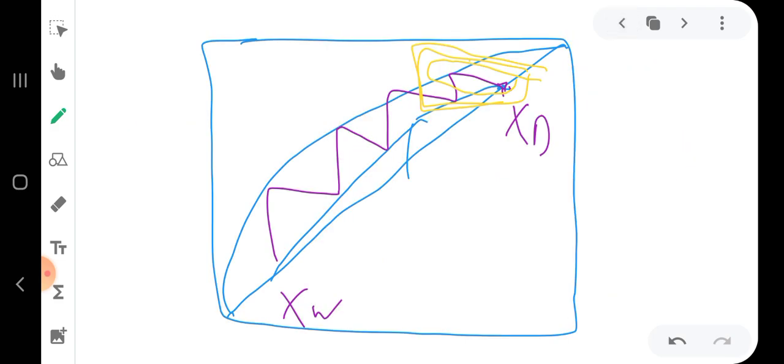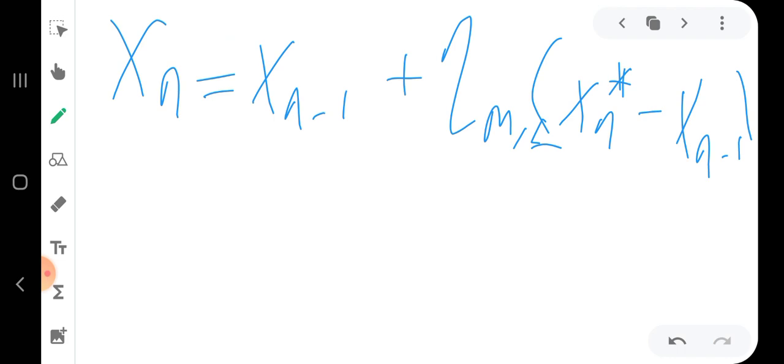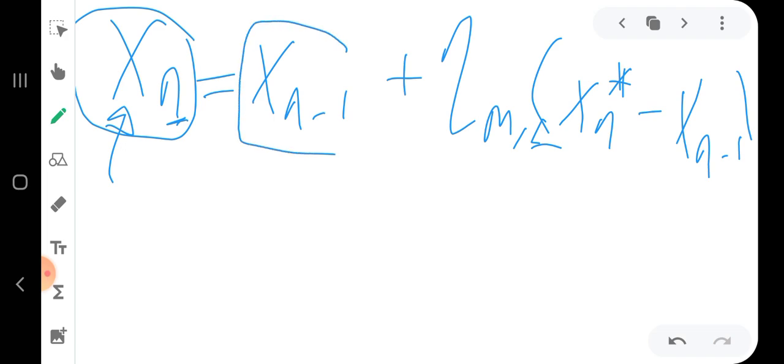So what this equation tells us is that the actual value for x in stage number n is equal to the x value in stage number n minus 1, which is the previous stage, plus the Murphree efficiency for the liquid, times the bracket with xn star. So this is the composition of stage number n that hits the equilibrium curve.